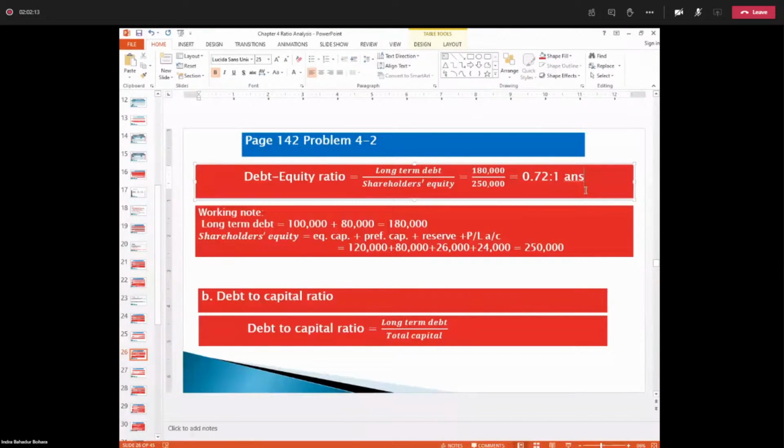There is a tax saving, but ultimately it affects the dividend and profitability position of the company. 72% of total shareholders equity is long-term loan, which is a huge percentage.